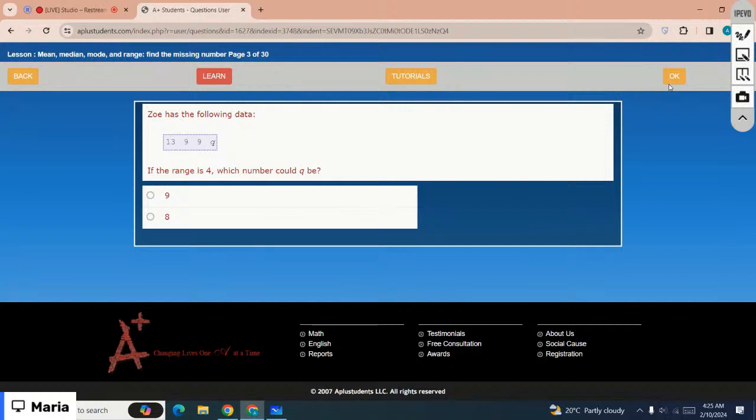Now you have to try. Zoe has the following data. If the range is 4, what number could Q be? Which is the correct option? The range is 4.